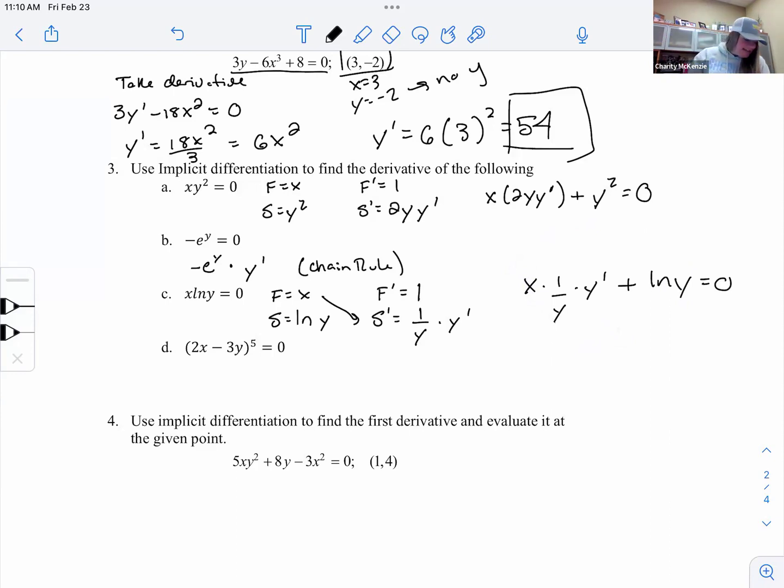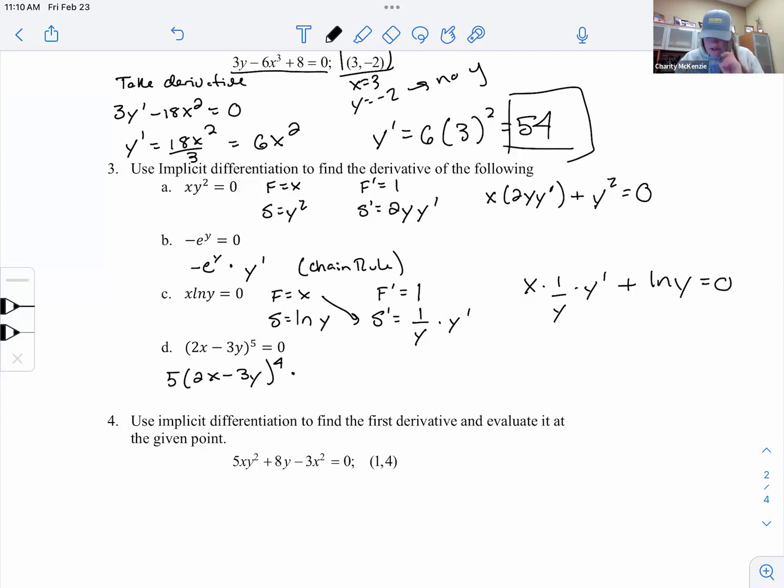Okay, so for D, we have a chain rule for sure, right? So we know we're going to bring that 5 down. We could use the u if you want me to, but we bring that 5 down times 2x minus 3y, all stays the same, to the 4th power. So this is like do the big outside, but then you have to times it by the derivative of that inside.